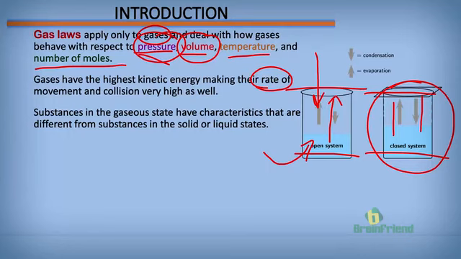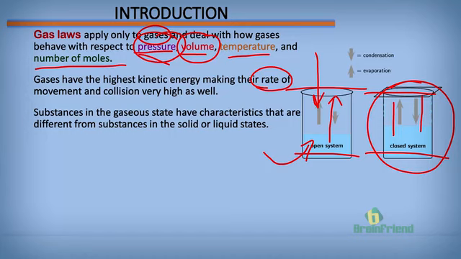In liquids, the kinetic energy is quite high, but not as high as the kinetic energy that gas molecules possess. And that is why liquid molecules can flow or glide over themselves. But for gaseous molecules, the kinetic energy is so high that intermolecular forces are even negligible. So these gas molecules can move at very fast rates and collide with themselves and with the walls of their container at a very high rate.